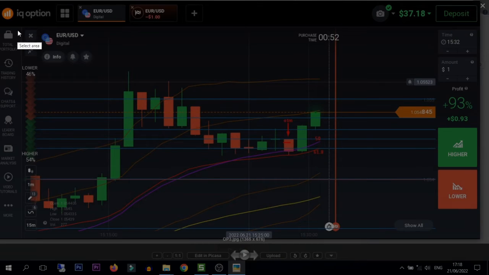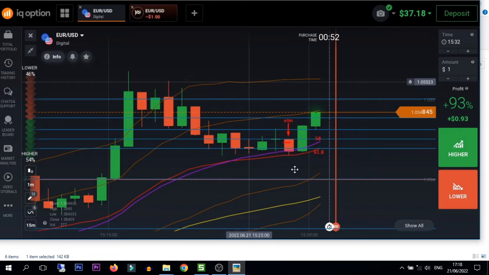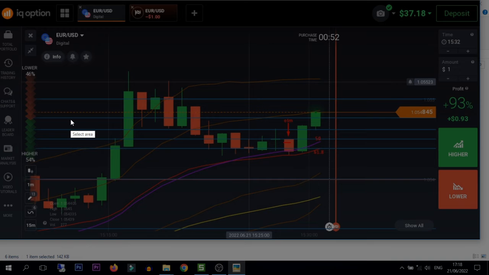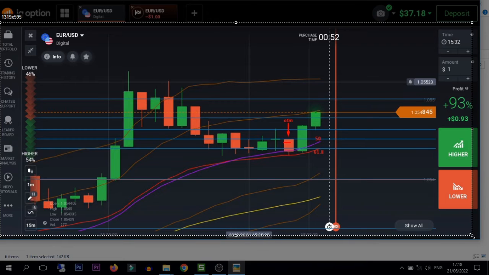This is option number 3, so I just went buy in here in this bearish candle. Okay, now I will tell you why my brain makes a buy option, because of the previous analysis.